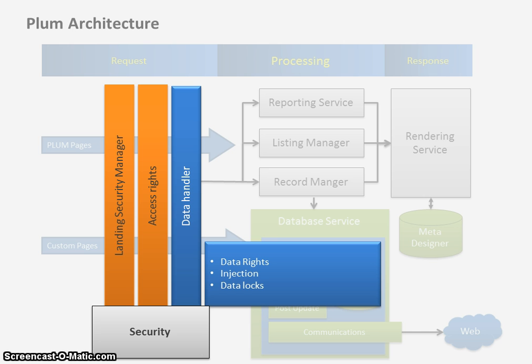Then in the third layer you have the data handler, which checks again, even if the user enters some data, for injections, data locks at the server end, and accessing simultaneous data being updated by user A versus user B. These are all ensured in the primary security layer.